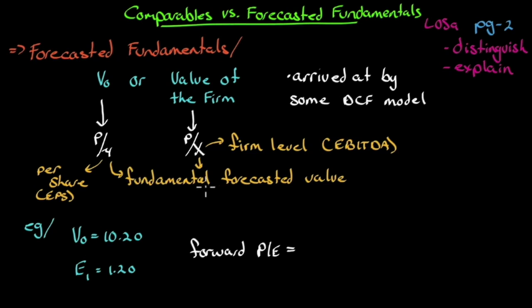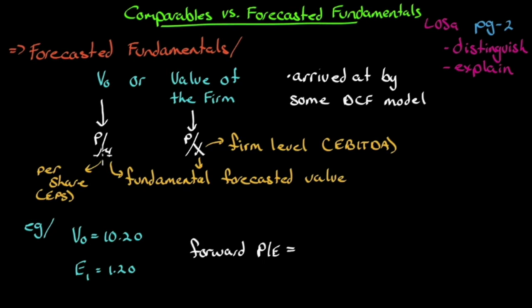And the X, of course, is our fundamental forecasted value. So we have an observable that we can see. We can observe the price in the marketplace, and we can take whatever value we have to determine what the multiple is. We can also substitute the value that we get in our intrinsic model, V0, into this and divide it by the same fundamental value.